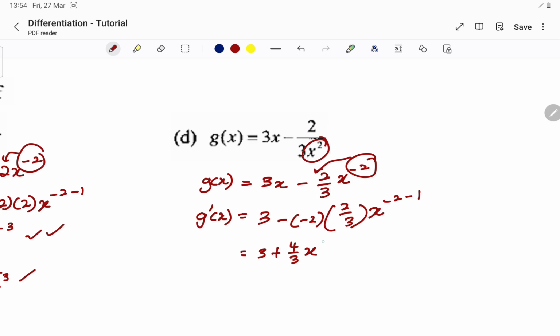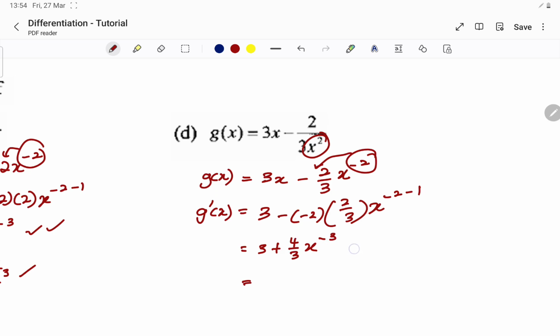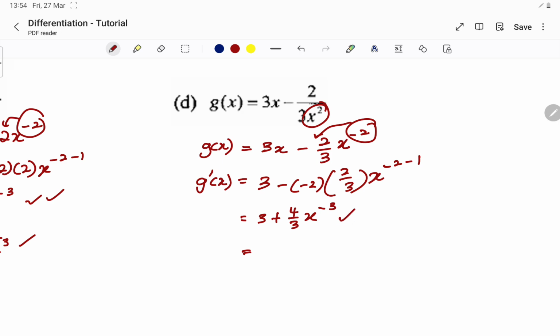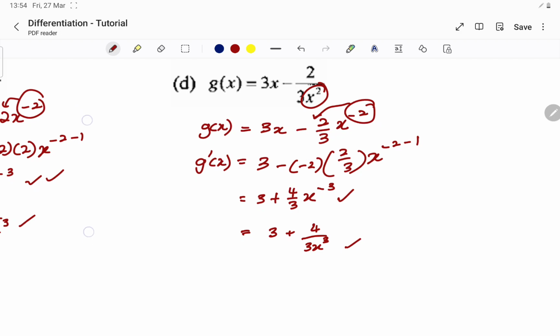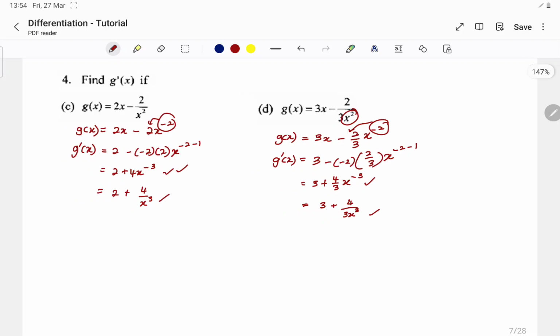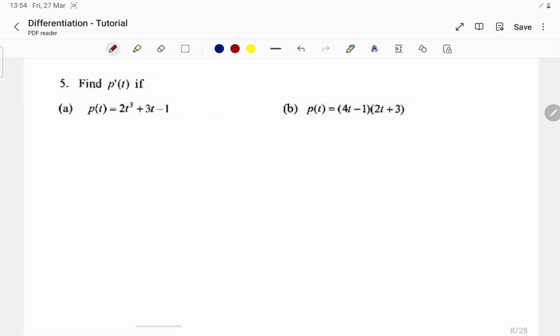Then x to the power of negative 2 minus 1 becomes negative 3. So this is your final answer. Or if you want to make it prettier, you can write in this form, 3 plus 4 over 3x cubed. Also can.